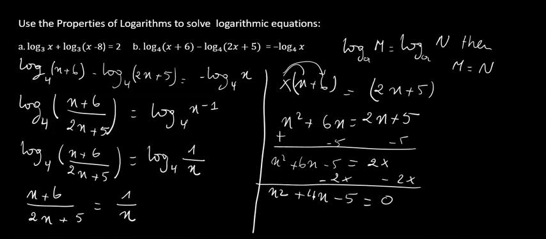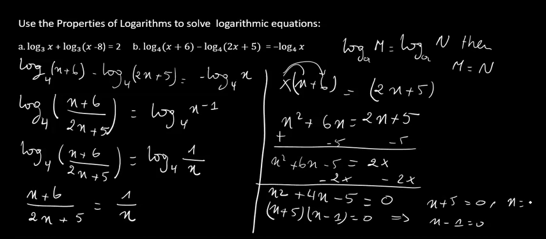I have to factor this equation. This becomes x plus 5 times x minus 1 equal to 0, which means either x plus 5 is equal to 0 or x minus 1 is equal to 0. Here will give me x is equal to minus 5 and here will give me x equal to 1. These are my two solutions for this equation.